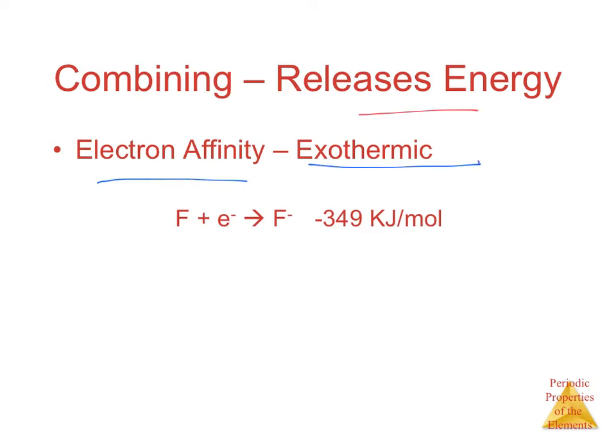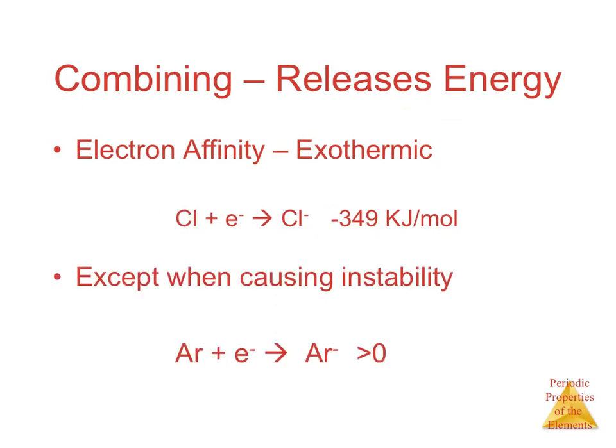So if I take fluorine, I actually meant to change that to chlorine. If I take chlorine, add an electron, I release 349 kilojoules per mole. If I am adding an electron to an atom that will not become more stable, that causes instability, it can be forced, but doing so will require you to put energy in.